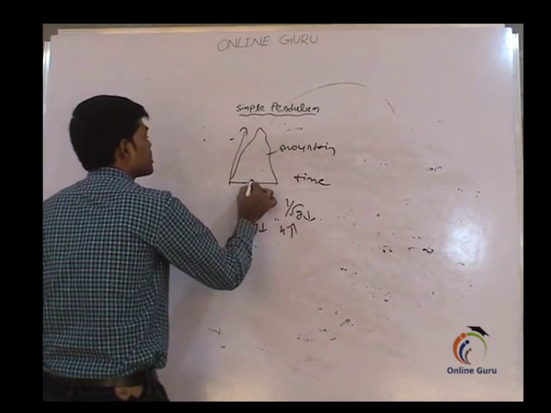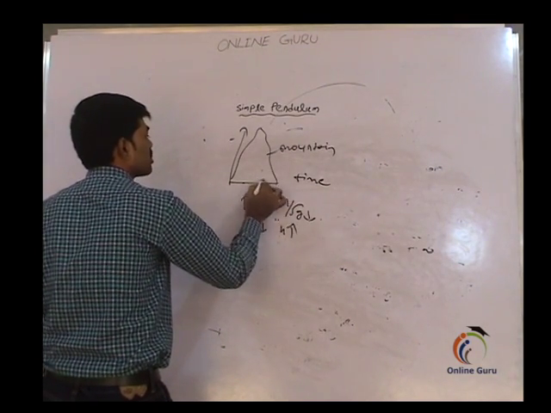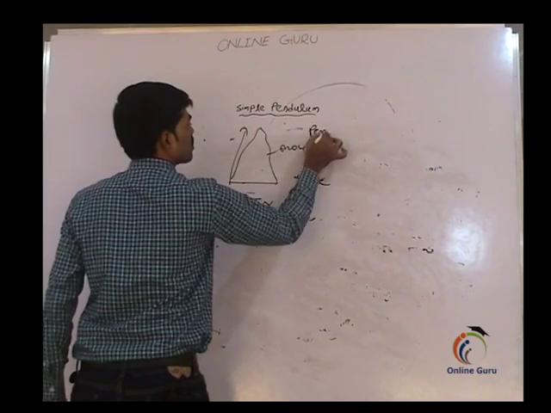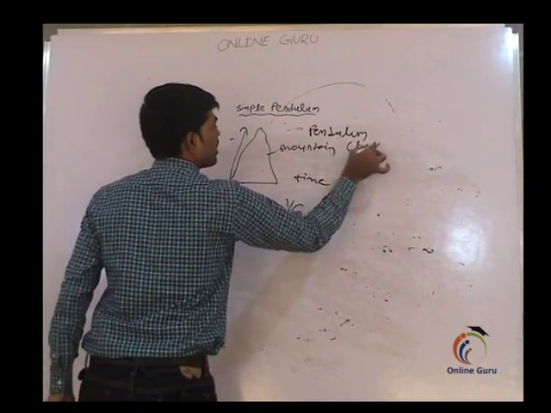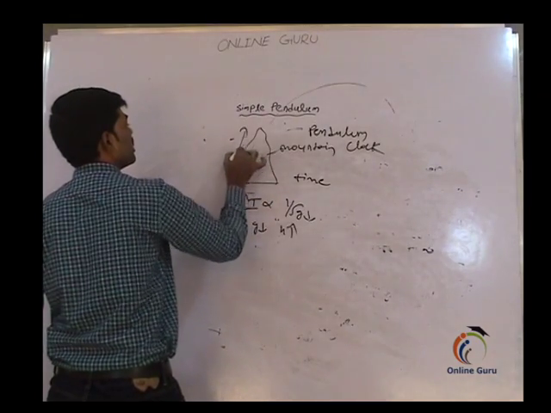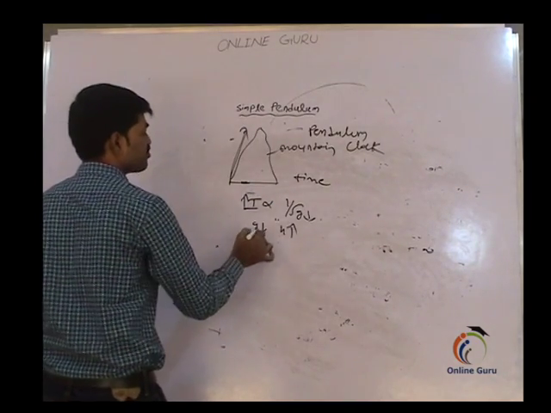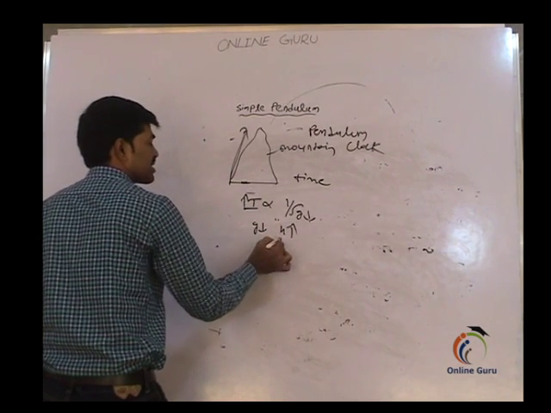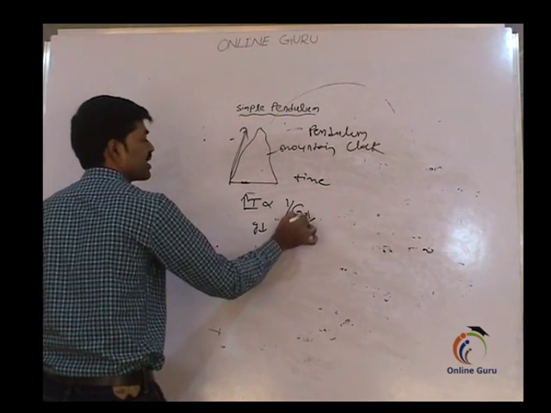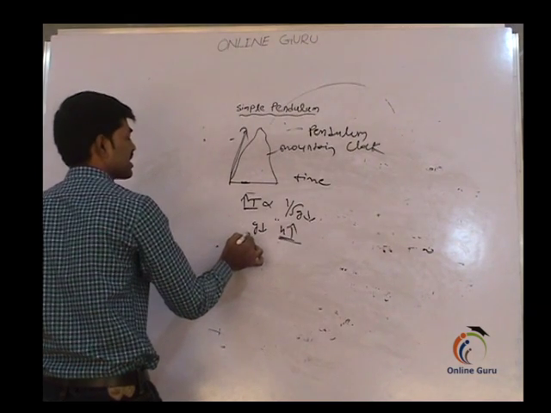So whenever the pendulum clock is taken from the bottom to the top of the mountain, we observe that gravity decreases due to the increase in height.